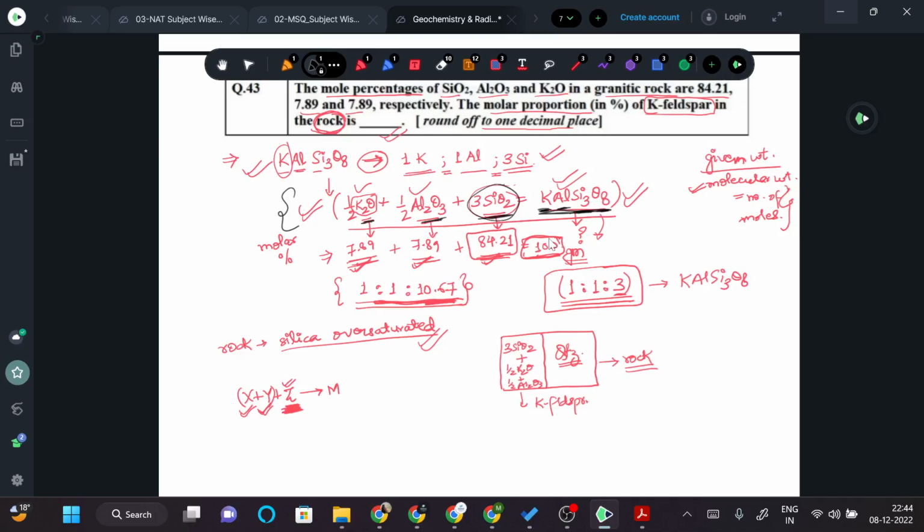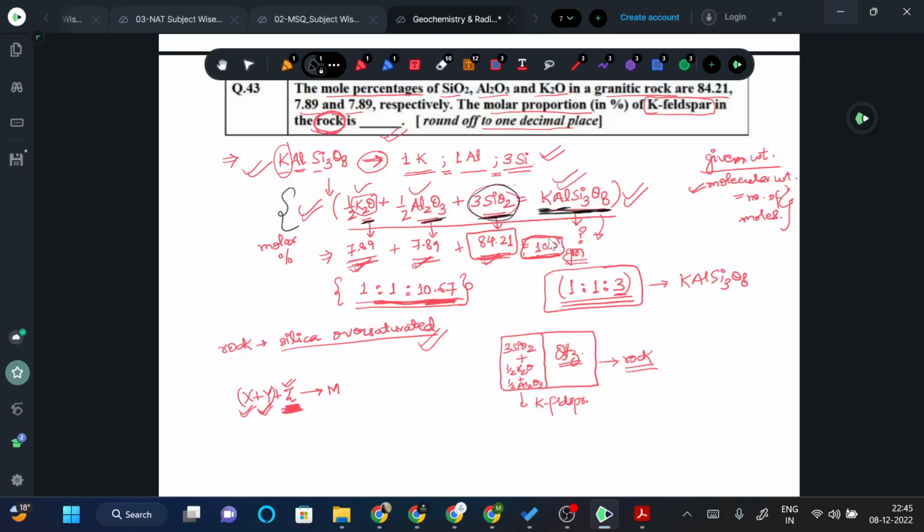That means silica will remain unconsumed even after the completion of the reaction to form K feldspar. So silica will consume itself up to the extent that is required. The extra silica will remain as free silica, or in the form of quartz. So basically the rock now has quartz and K feldspar both. Okay, so this is what we derive by comparing the ratios.